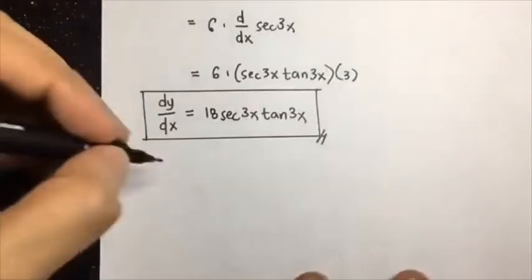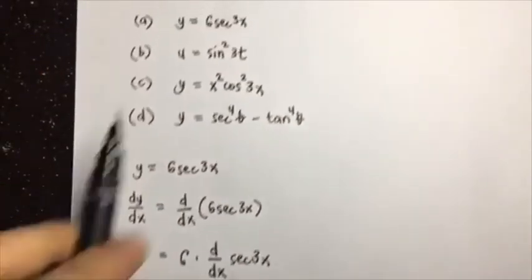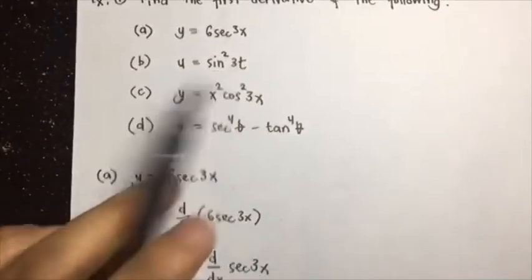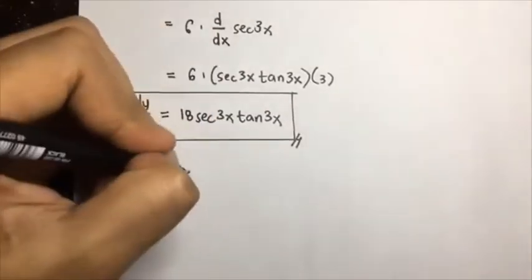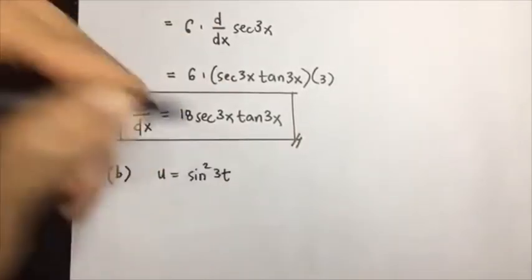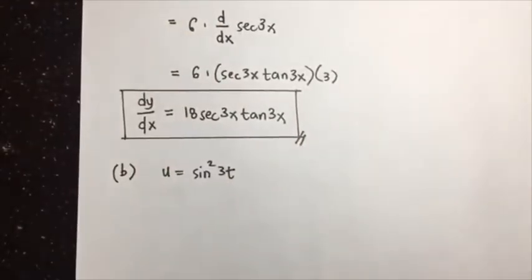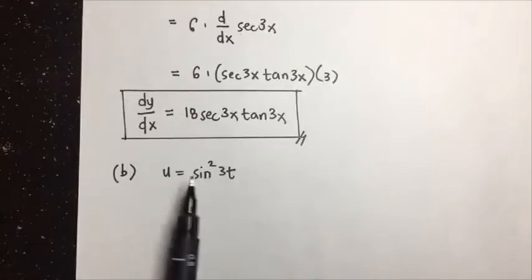For our second example, for letter B, we have u is equal to sine squared of 3t. This will not be a direct use of the formula, because we don't have a formula for the derivative of sine squared.